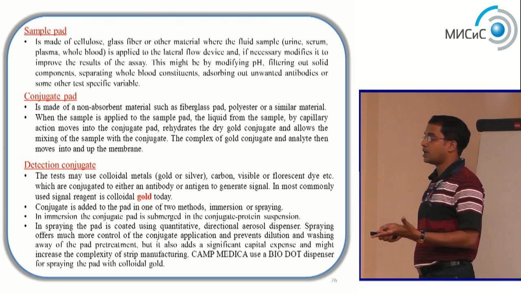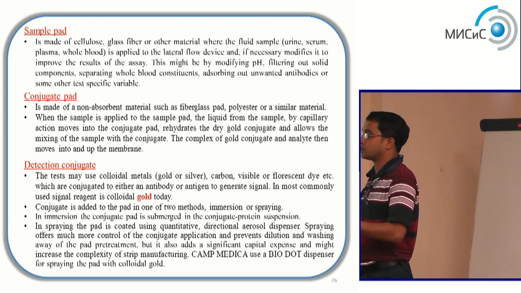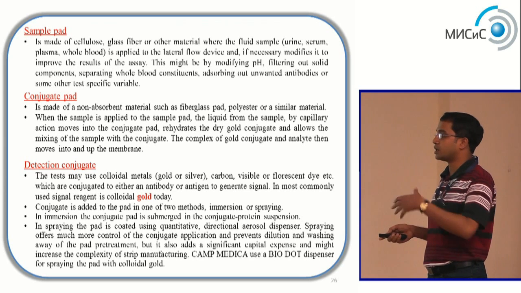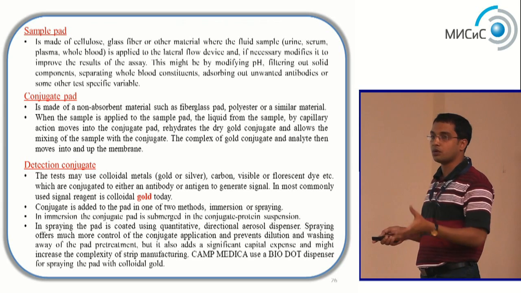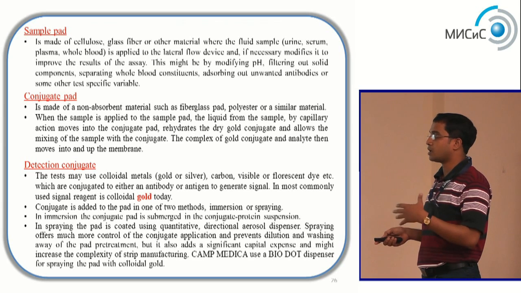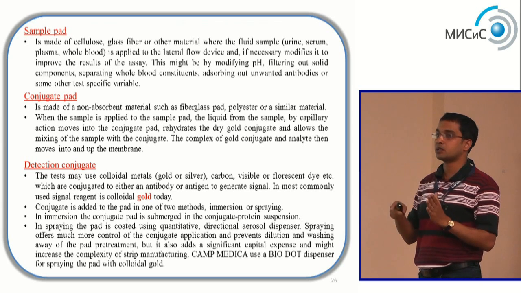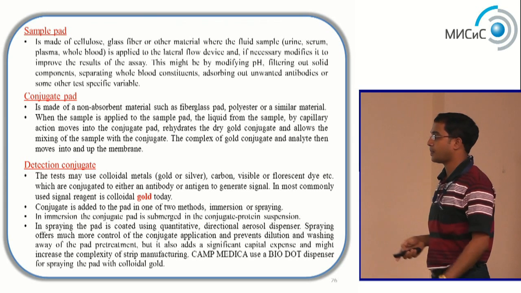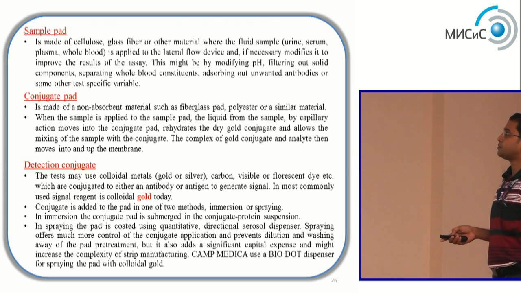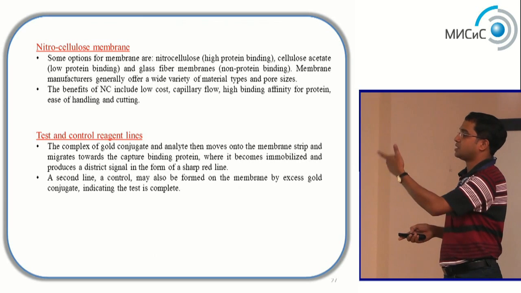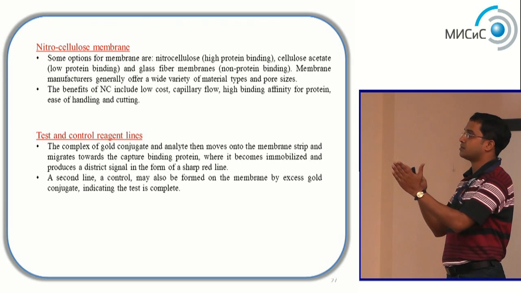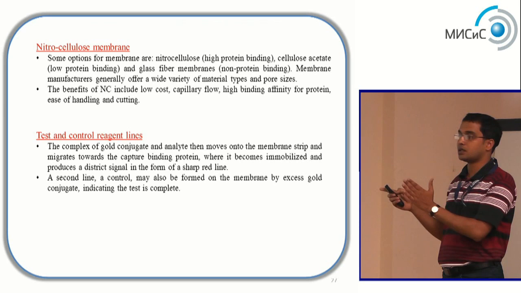The detection conjugate today is gold. So we are thinking to substitute gold with the quantum dot, and also multi-purpose use by a single stick. I just described the several parts of our laboratory work.